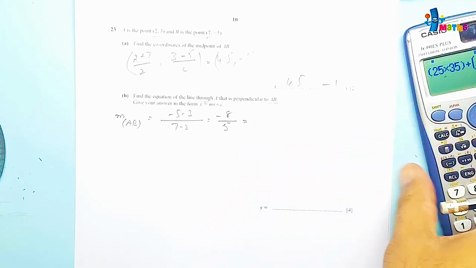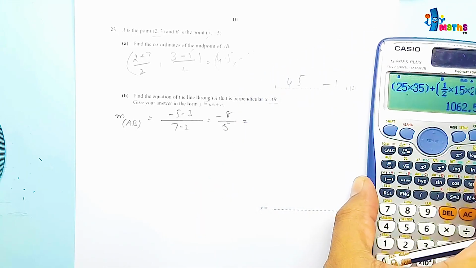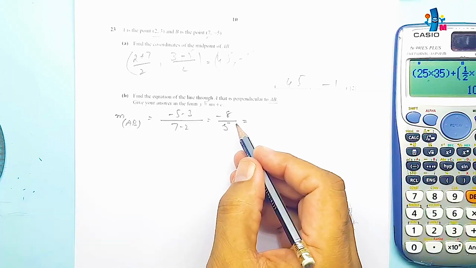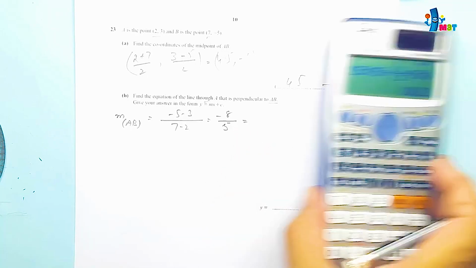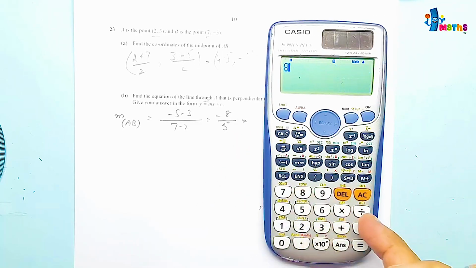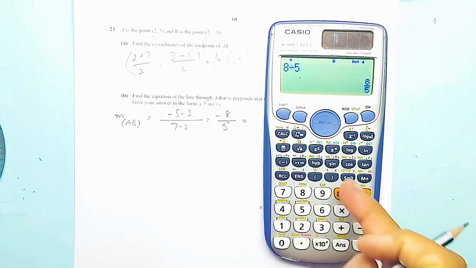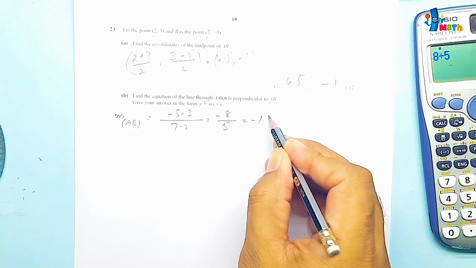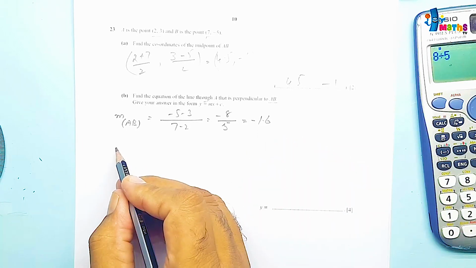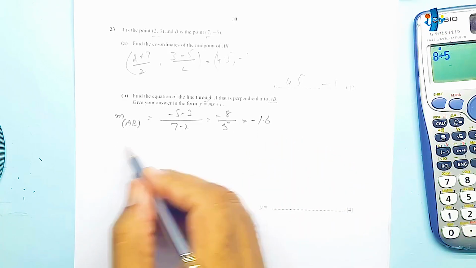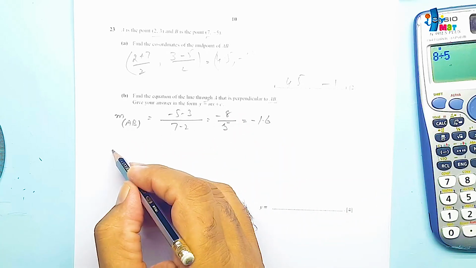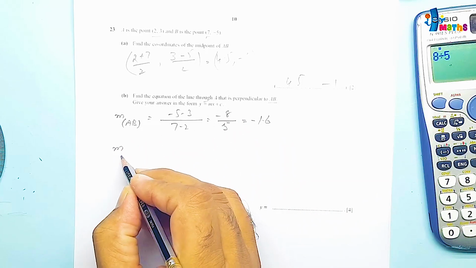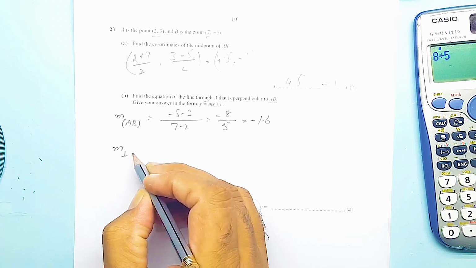We can take this as it is, not an issue, because the decimal value of 8 divided by 5 will be 1.6. So we can take minus 1.6 also, but we will be using this because we have to take the gradient of the line perpendicular to AB.